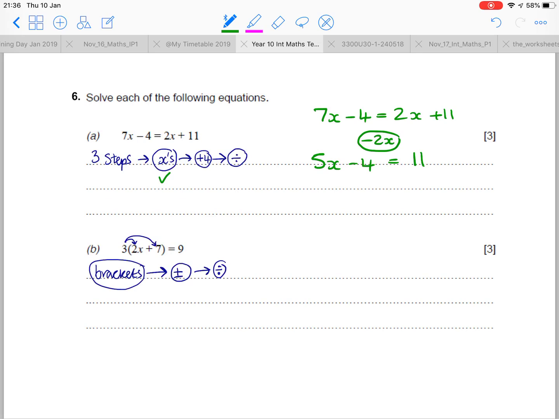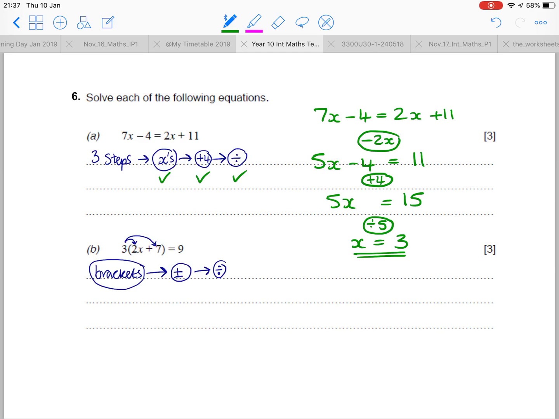Then, because of the minus 4 in the equation, I add on 4 to both sides. And then the last step, because of the multiplying 5, would be to divide by 5 both sides.